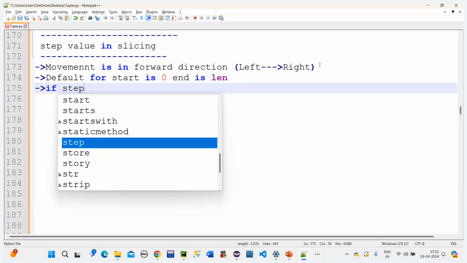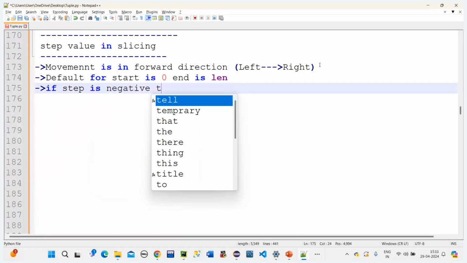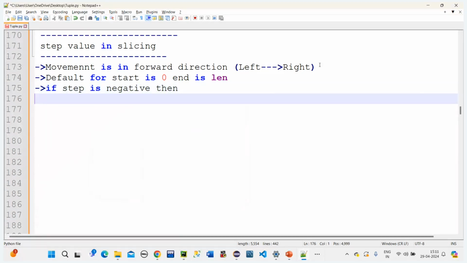If step is negative, then let's see what is happening.